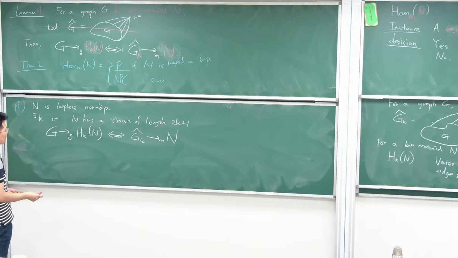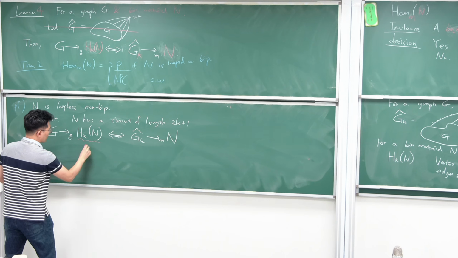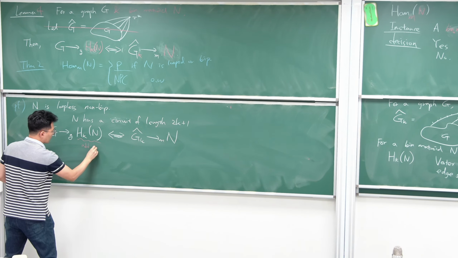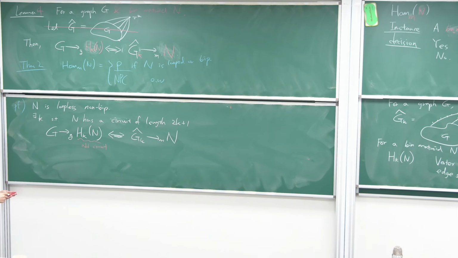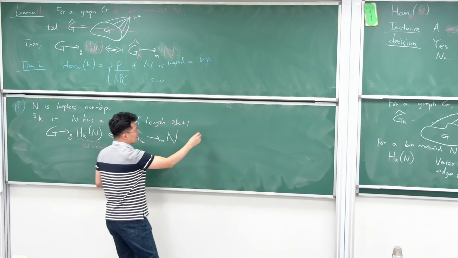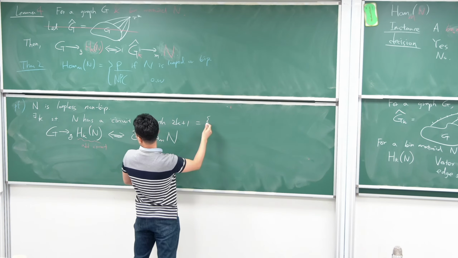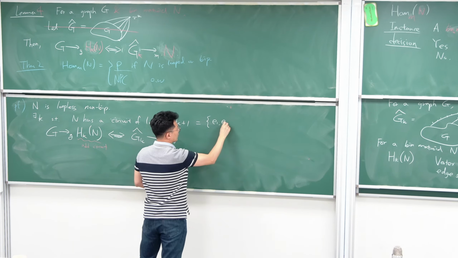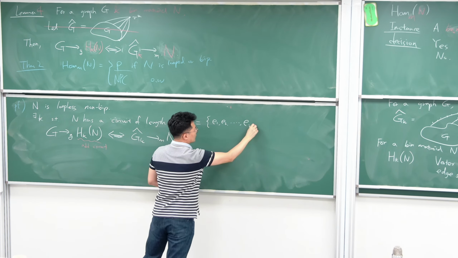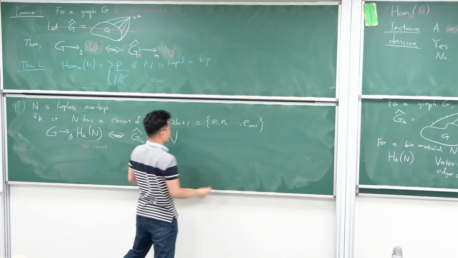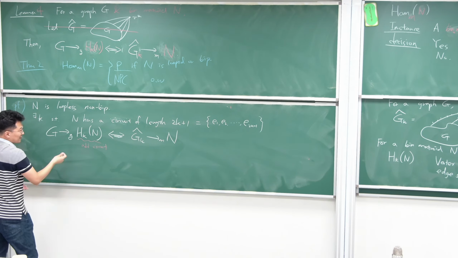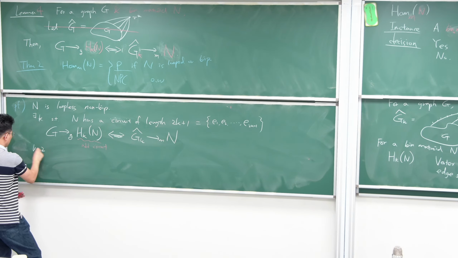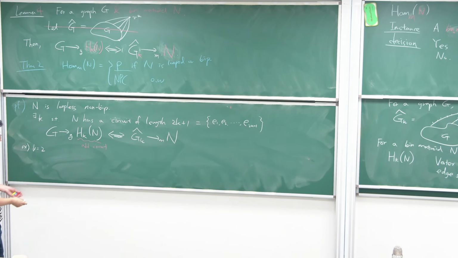And the thing is, we have a cycle or a circuit in this graph because let's say that this circuit is E1, E2 up to E_{2k+1}. Let's say when k is 2, so maybe it's easier to understand.